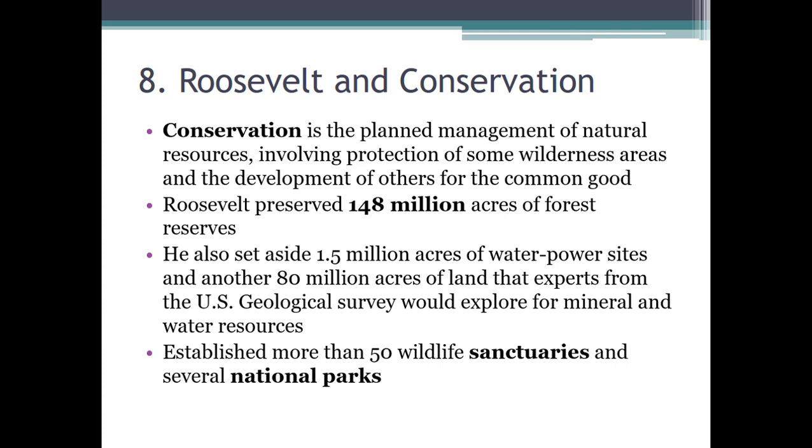He set aside 1.5 million acres of water power sites and another 80 million acres of land for experts from the Geological Survey to explore for minerals and water resources. They also set up wildlife sanctuaries, areas where animals would never be touched or never be hunted, and many national parks.